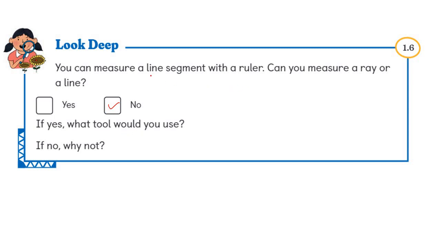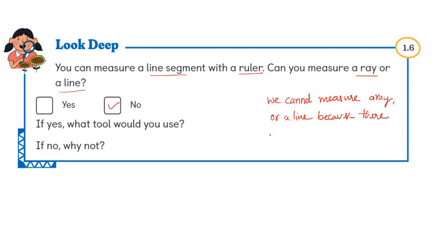We can measure a line segment using a ruler, but we can't measure a ray or a line because they do not have two endpoints.